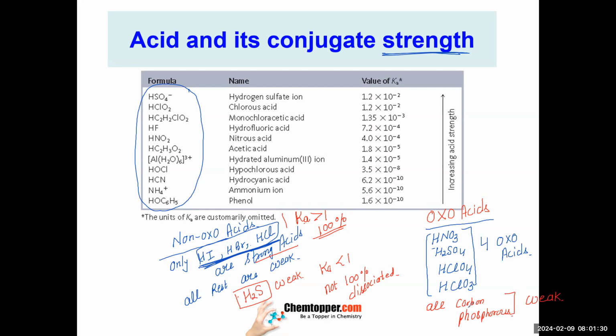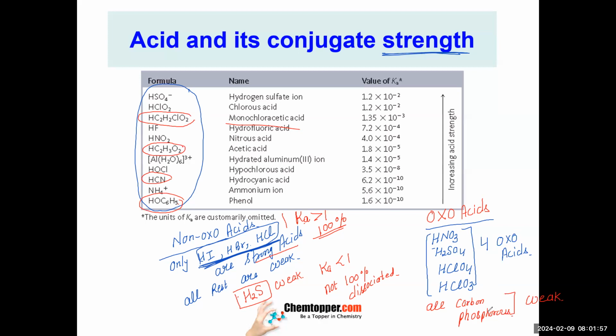And carbon, you know, is part of our body. We have so many acids in our body which are carbon containing, like carbonic acid, H2CO3, acetic acid. You see, all these carbon containing, they are weak. So if there is any carbon containing acid, you need not worry. You can simply classify it as a weak acid.